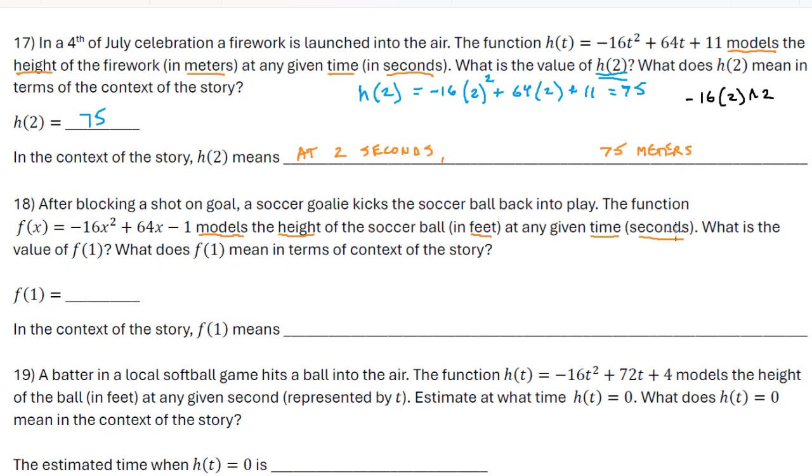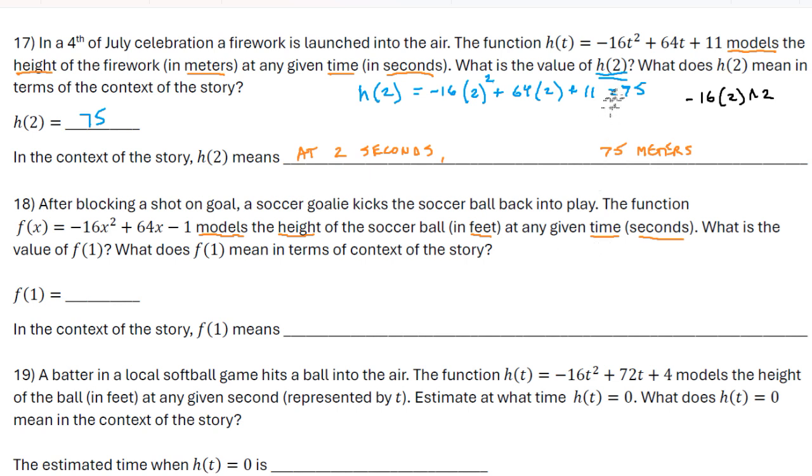When it says models at any given time, think about this, class. You're plugging in time and you're getting out height in feet. So that means our x value is representing time.